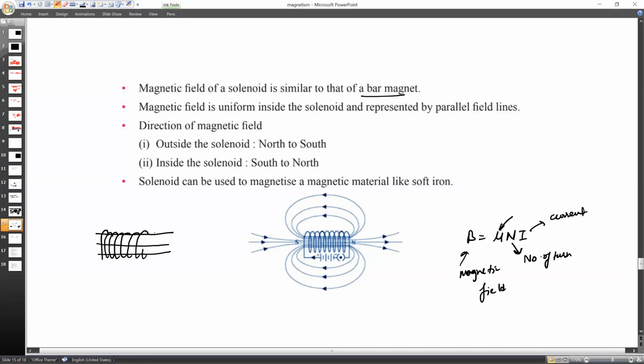If this is the positive terminal and this one is the other, can you tell me which direction the current is going to have?